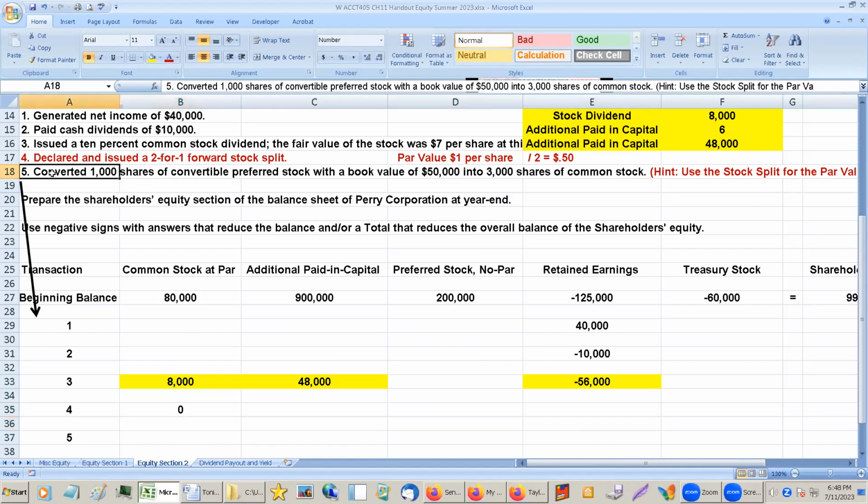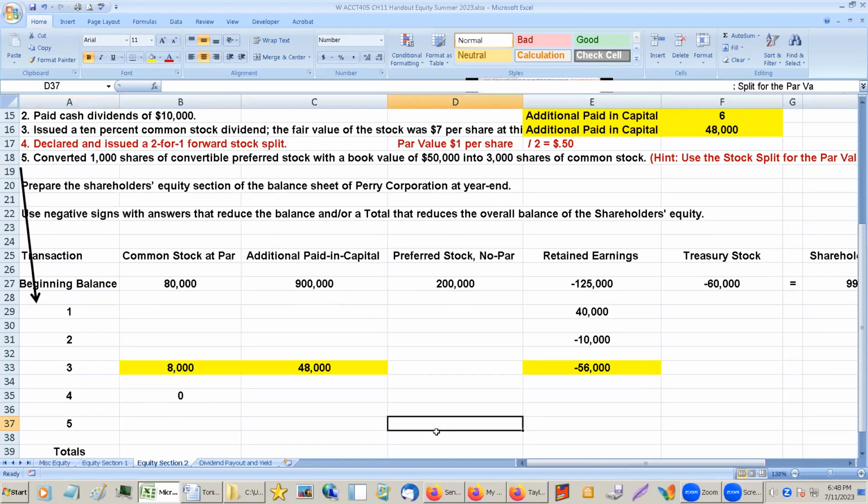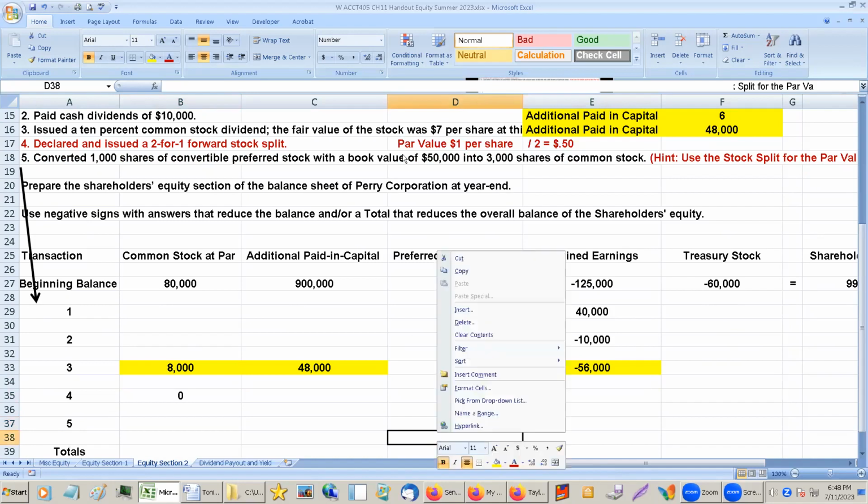Okay, down here, converted 100 shares of preferred stock with a book value of $50,000 into 3,000 shares of common stock. Okay, so we've got to take 50,000 out of the preferred stock. Is that right? Yep, 50,000.